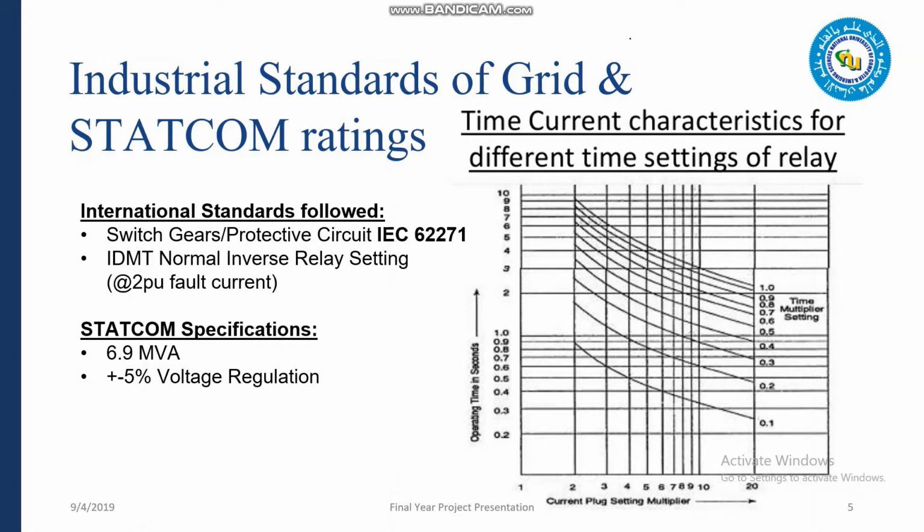The panel previously asked that by injecting large amounts of reactive current into the grid, do we not run a risk of tripping the protective system? So I will try answering this by using the IDMT curve shown. During peak STATCOM power injection, if we assume that 2 times the rated current is flowing, then our current PSM would be 2, and at relay time settings of 0.4, it will take more than 2.5 seconds of consistent current injection for the relay to trip and the line to shut off.